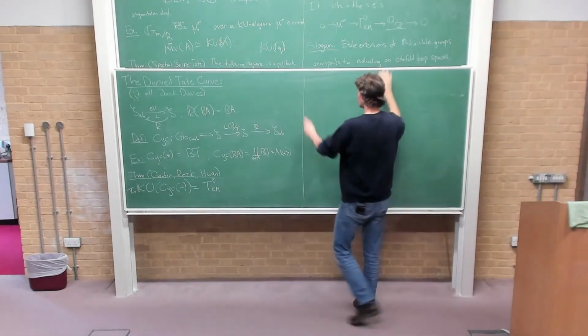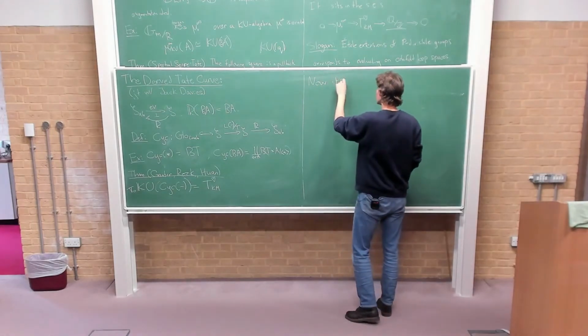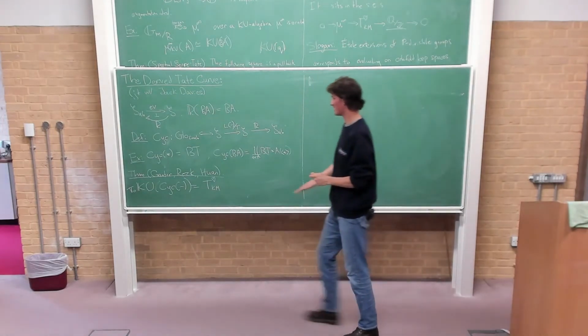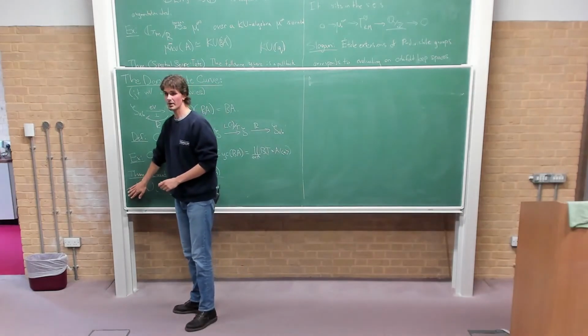Okay. And of course, now it's no mystery how we enhance this to a p-divisible group in the spectral sense. We can just remove the pi 0.